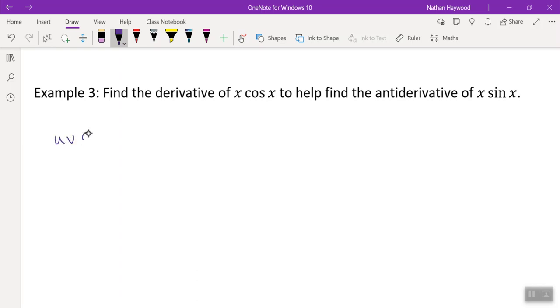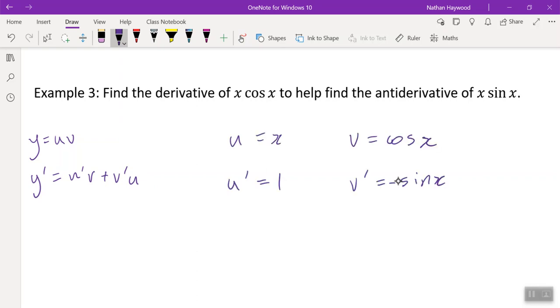So this is the product rule written simply. So if u is x, the derivative of u is 1.